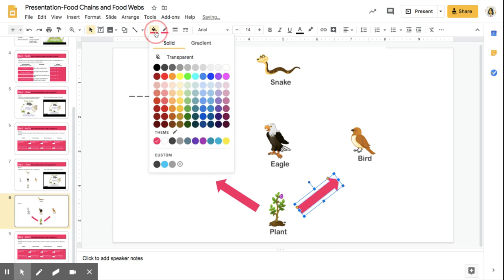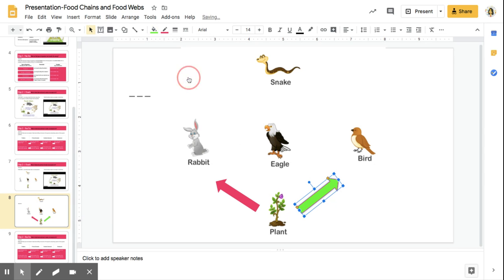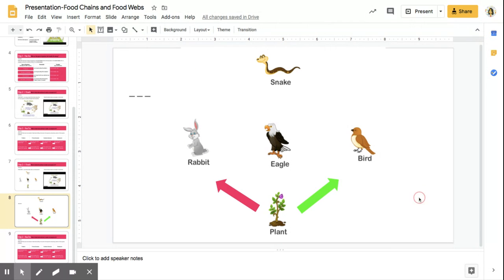So I'm gonna make this a different color. All right. So we are now on the two primary consumers. This rabbit can either be eaten by the eagle or by the snake.